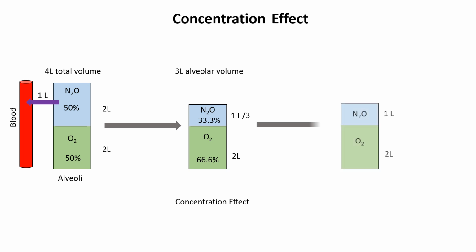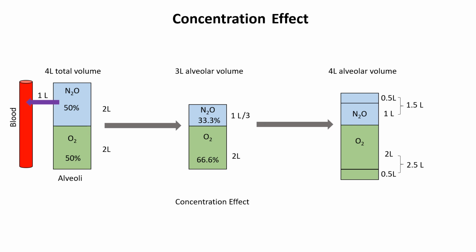Now the reduction in alveolar volume by 1 liter creates subatmospheric pressure in the alveoli, prompting the patient to inhale an additional 1 liter of the gas mixture containing 50% nitrous oxide and 50% oxygen, that is 500 milliliters of each gas. With this additional inhalation, the total alveolar volume returns to 4 liters, now comprising 1.5 liters of nitrous oxide and 2.5 liters of oxygen.